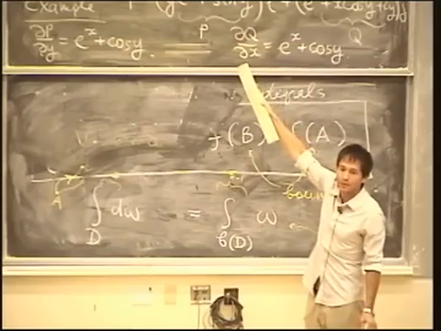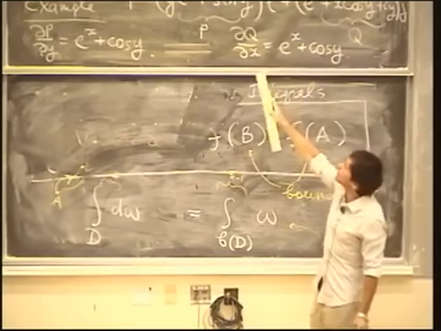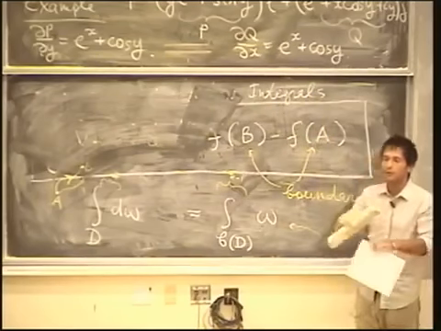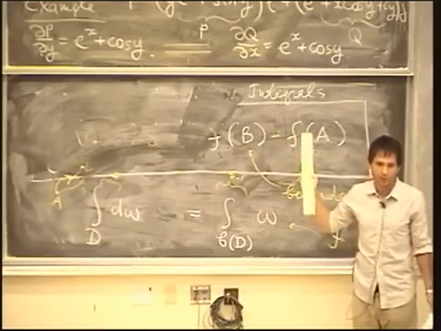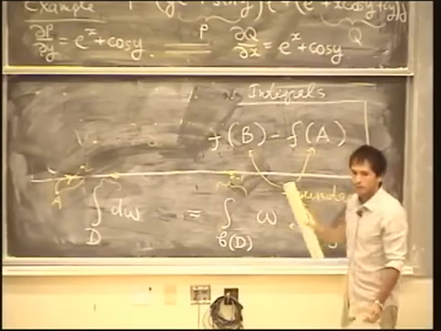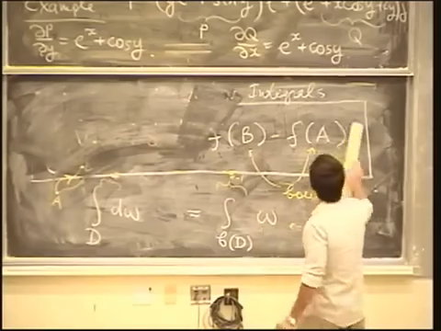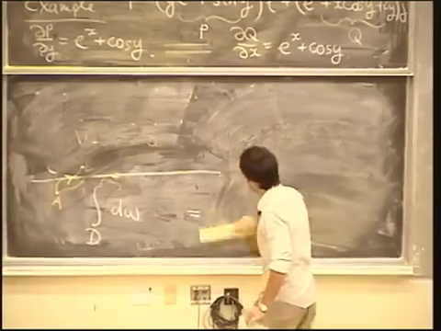You don't need to parameterize any curves. You just find this function f and evaluate it at the endpoints. For example, if it's a closed curve, you know the answer is 0 right away. I'm sorry, how to find the function f? I'm getting to this. No, you haven't lost anything.